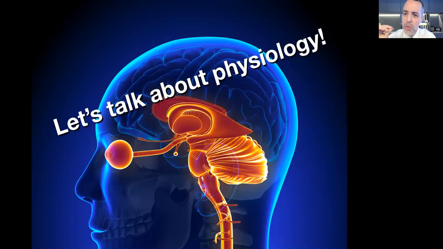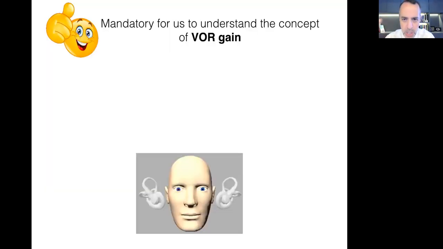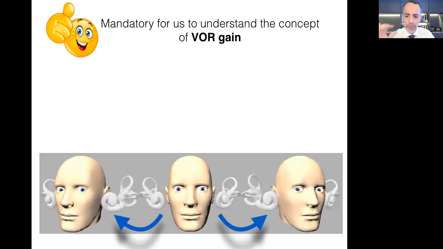So let's talk a little bit about physiology, because I believe physiology is the most important part of the test. We talk many times about VOR gain. What is VOR gain? When we move our head to the right side or left side, my eyes go in exactly the opposite direction, but with the same velocity and the same distance.